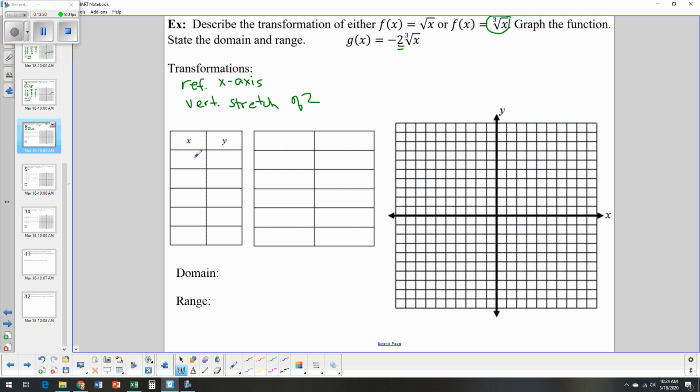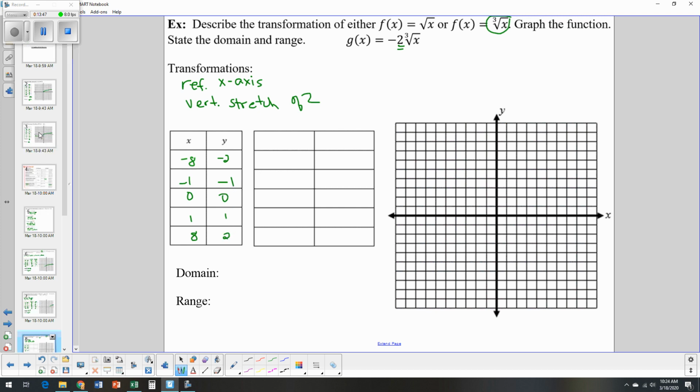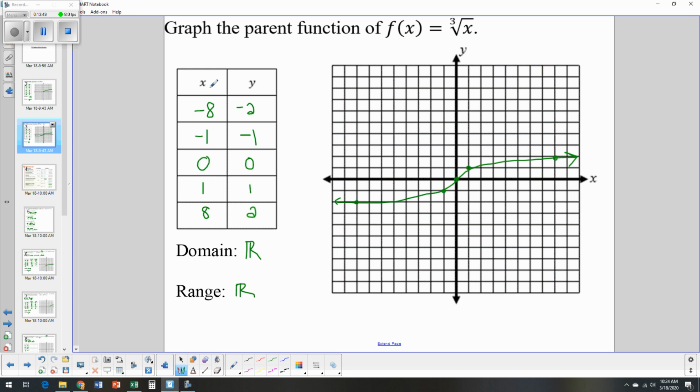All right. Remember my parent function here was negative 8, negative 1, 0, 1, 8, and we had negative 2, negative 1, 0, 1, 2. Right? If we look back at that original one, that's what we had for our parent function of the cube root of x.